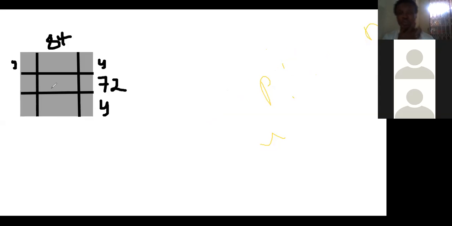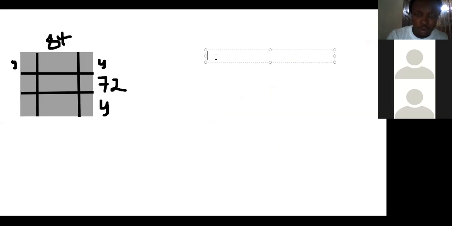Now the first thing we are going to do is find the dimensions of the net cuboid. When you say net cuboid, that means the total cuboid before this and this were cut off. If this side and this side are cut off, then the dimension here will be 72 minus 2y.